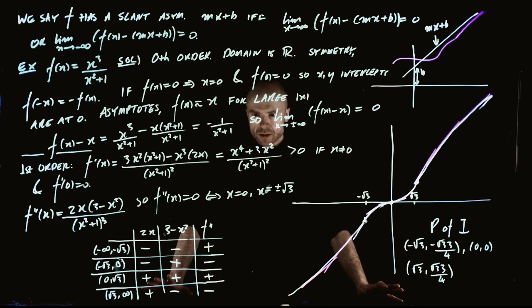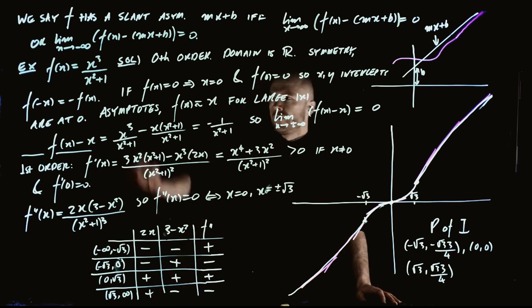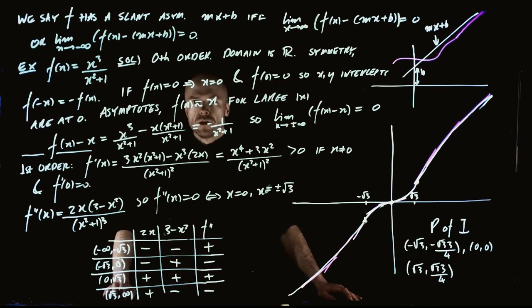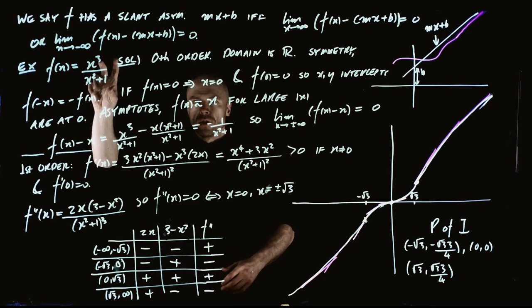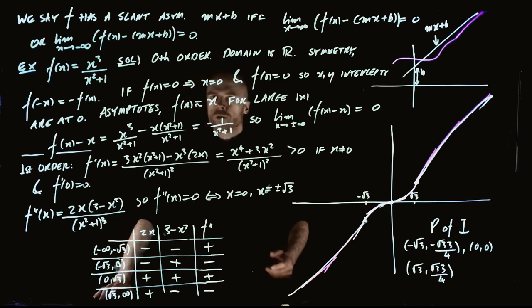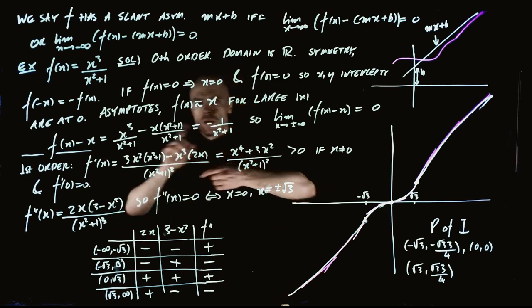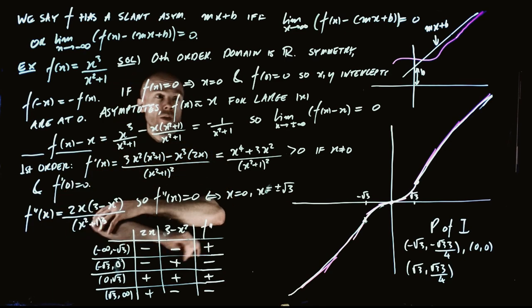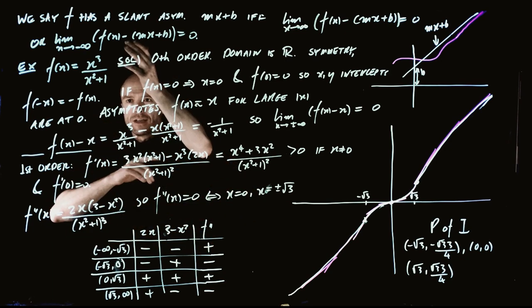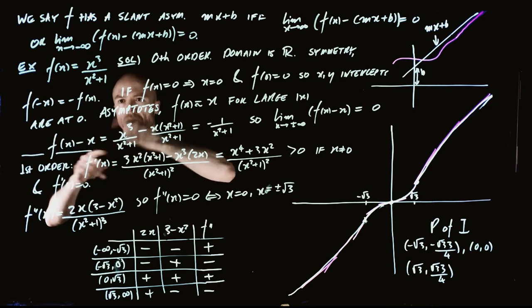So, not too bad, right? This is not too difficult to work out. We figure out the slant asymptote by the same kind of argument we use for horizontal asymptotes. We just say, okay, for very large x, what's the real structure of this thing? And ultimately, it's just the leading order term on the top divided by the leading order term on the bottom, which in this case gives us something like x to the 3 over x squared, which is like x.